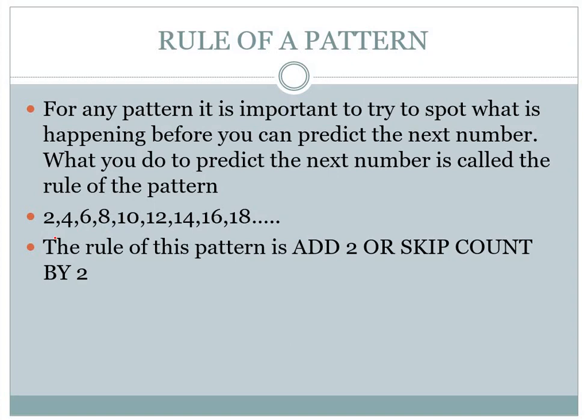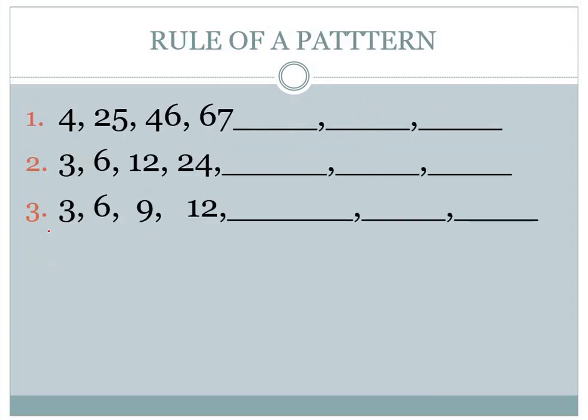So I can say that the rule of this pattern is add 2, or I can call this skip counts by 2, or I can also call this multiples of 2, or I can also say that what I've written here is the 2 times table, or multiplication table of 2. So this 2, 4, 6, 8, 10, 12, 14, 16, 18. Whatever your answer was, you are very right.